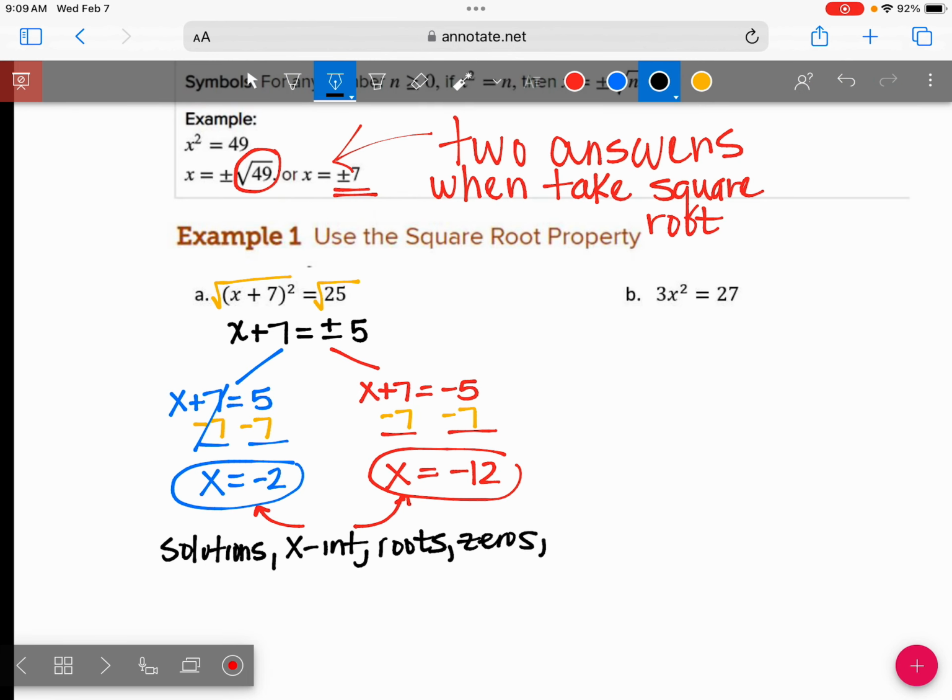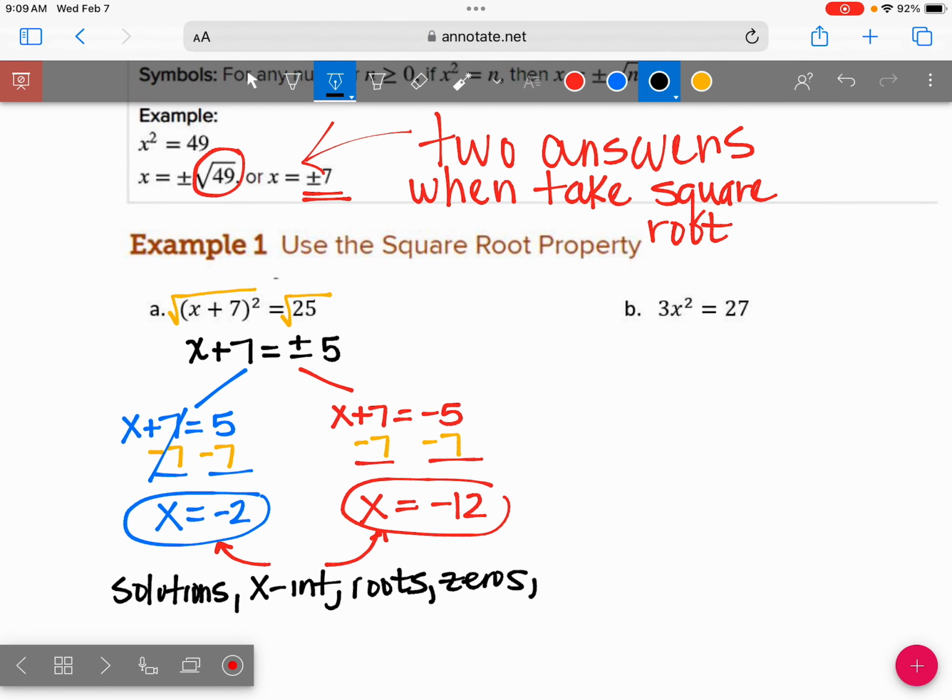All right, let's look at question B. For question B, that's a little different than the first one. Because there's a 3 right here, we have to get rid of the 3.